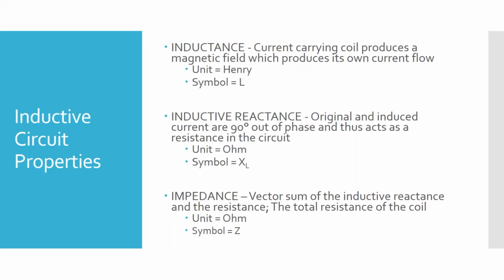Well, that same magnetic field is going to react back on the wire, and it's going to try to create a current in that wire that already has the current, and that's known as inductive reactance, or an induced current. That induced current is 90 degrees out of phase with the initial alternating current.